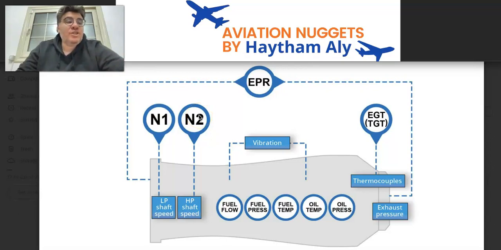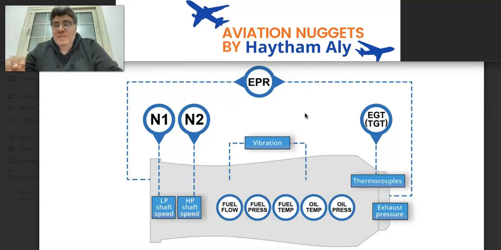Oil temperature, oil pressure, and vibration indication. Like for the Airbus, we have indication on the upper ECAM and on the lower ECAM.